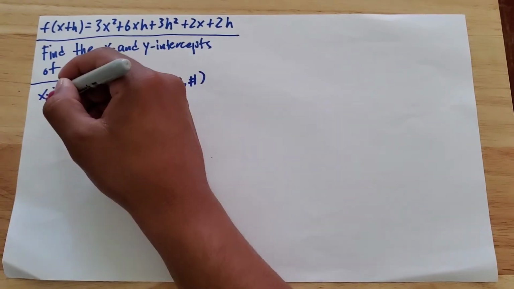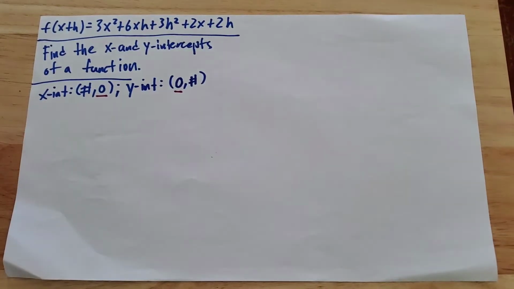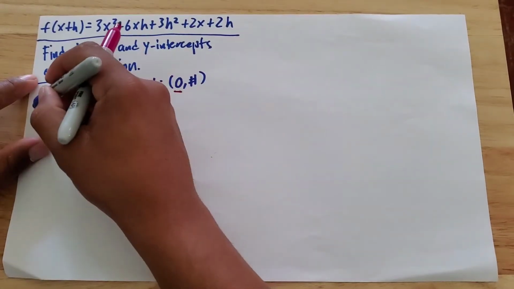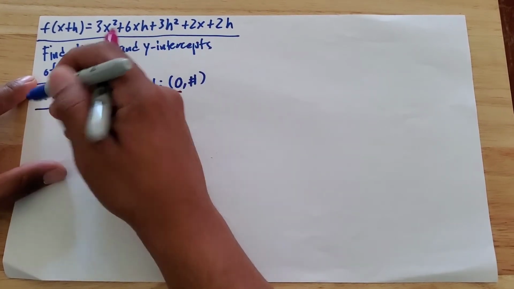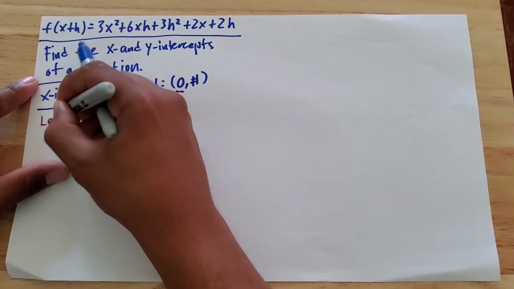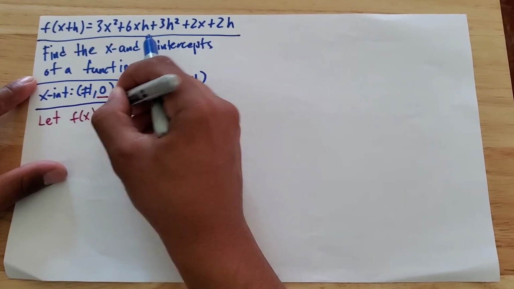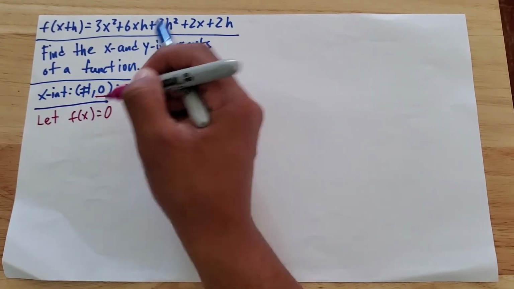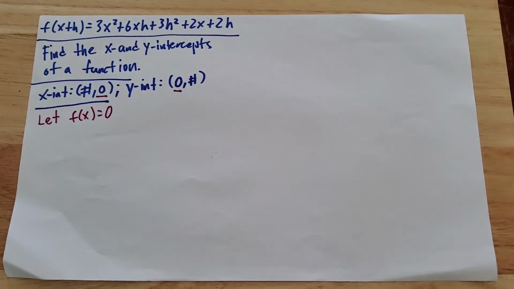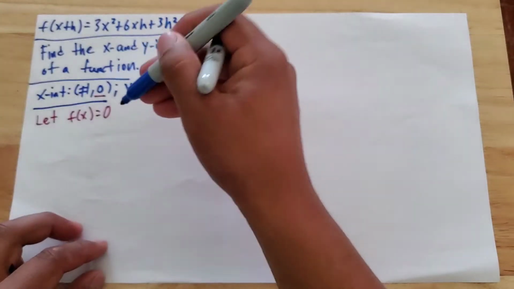So to find your x-intercept, you're going to have to let f of x equal 0. What you're saying is that y is 0, because f of x is y when we talk about function notation.